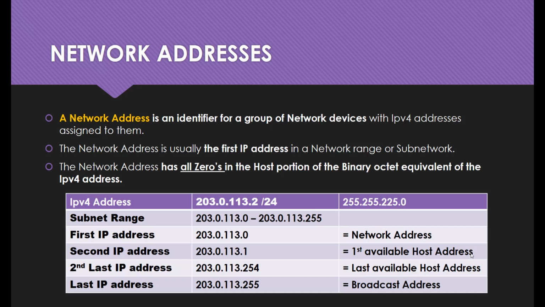the host portion. So let's look at this table, and we can see that we've been given an IPv4 address as 203.0.113.0/24 subnet mask notation. And what that means is that the first three octets are all 255, which means they are the network portions of the IP address. If we go down, we can see the subnet range.